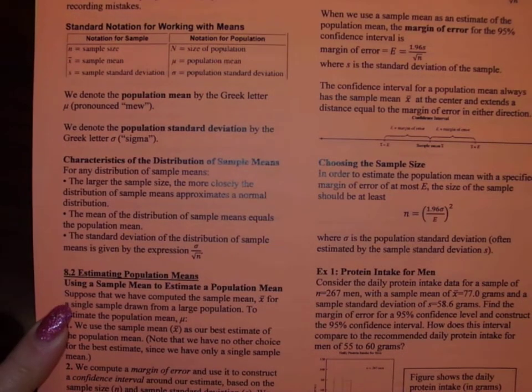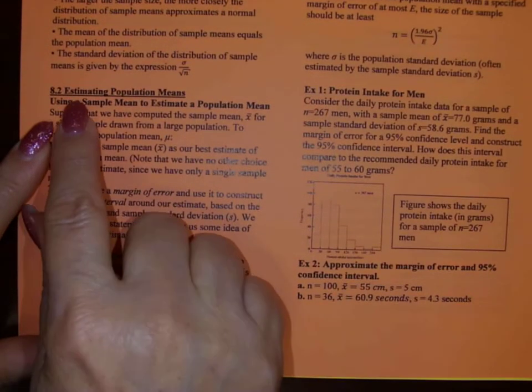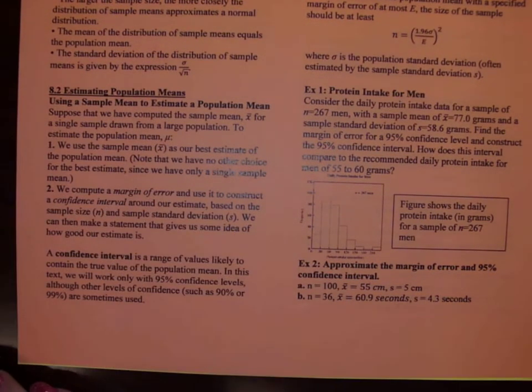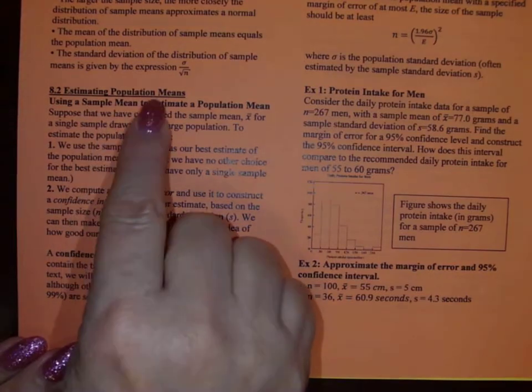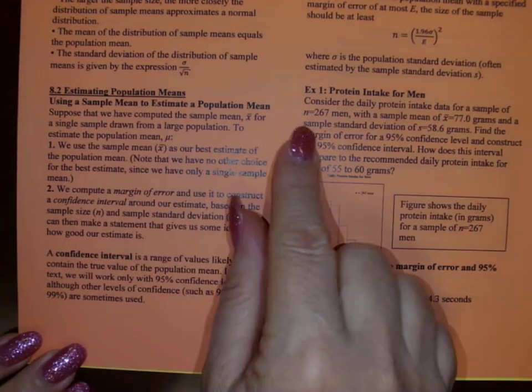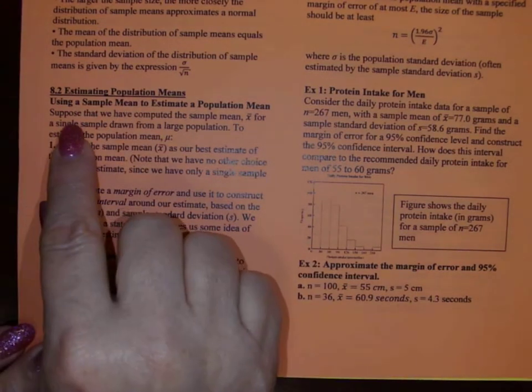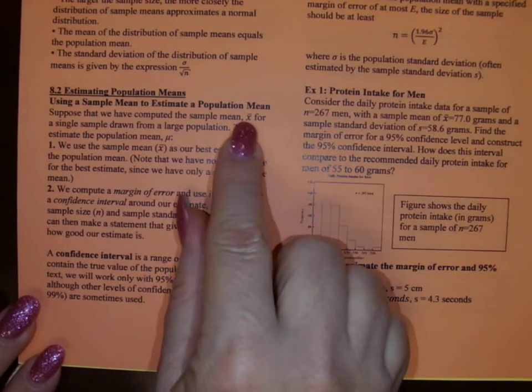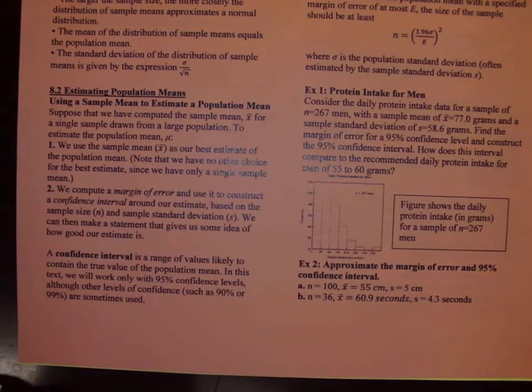Now, for 8.2, we are going to talk about estimating the population mean, which is using a sample mean to estimate the population mean. So suppose that we have computed the sample mean, which is X bar, for a single sample drawn from a large population.